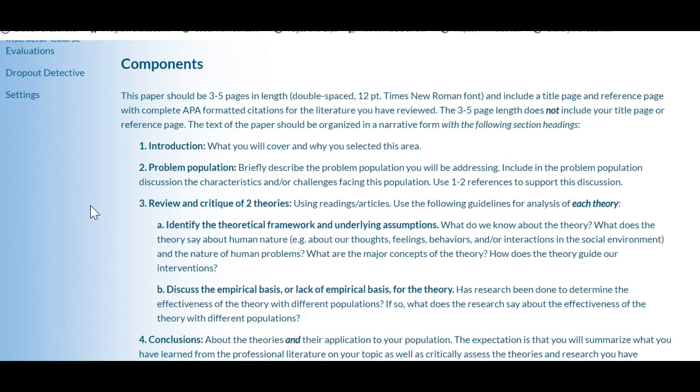Make sure to include a title page and reference page, use APA style, and also make sure to include page numbers when you have a direct quote and use the correct formatting for that from APA style.